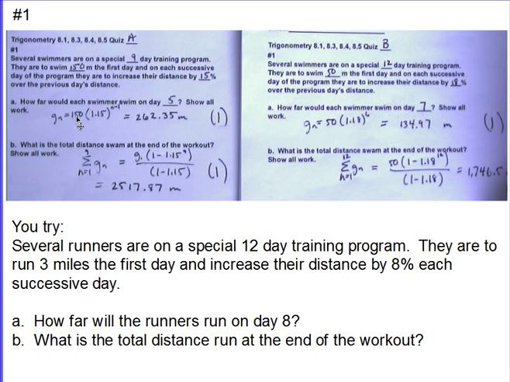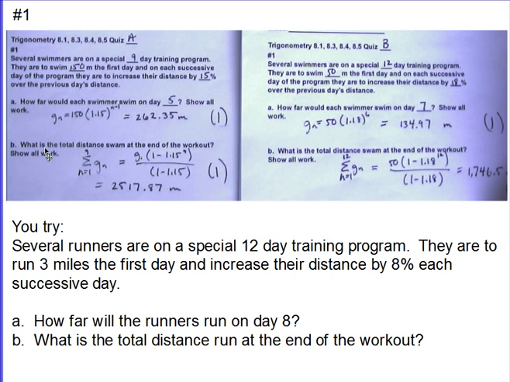So what we do is we find the first term, which is g sub 1, so it would be 150 in quiz A and 50 in quiz B. The growth rate, or the r value, is going to be 1 plus 0.15, or 1.15, and 1.18 for quiz B, and then we take it to the n minus 1 power. So now all I have to do is substitute the 5 in for n, and you can see that we get 262.35, or in this case you put the 7 in for n and you get 134.97. So that's the answer to part A.